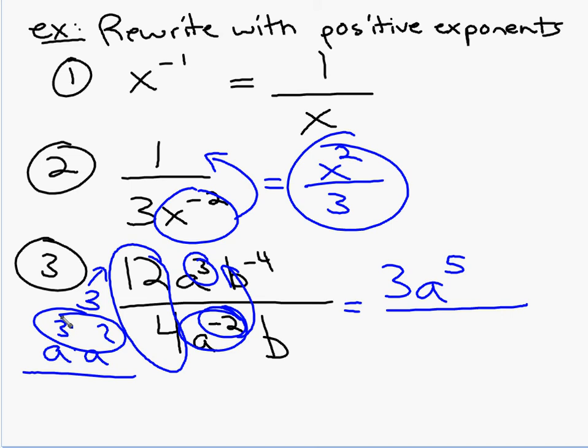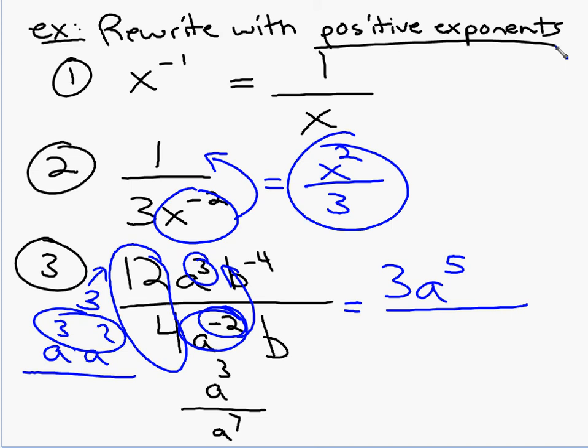What if this would have been a to the 3rd over a to the 7th? Well, what's 3 minus 7? 3 minus 7 is negative 4, right? Well, that doesn't give you a positive exponent. Isn't that the whole point of this, to get you positive exponents, right?